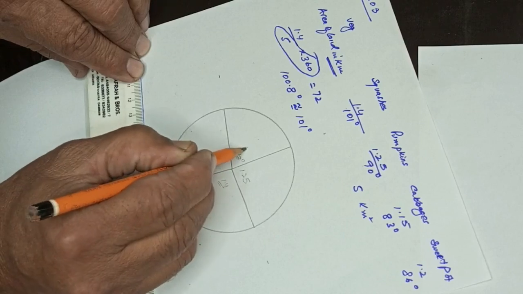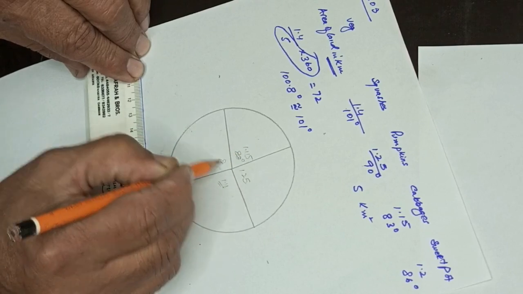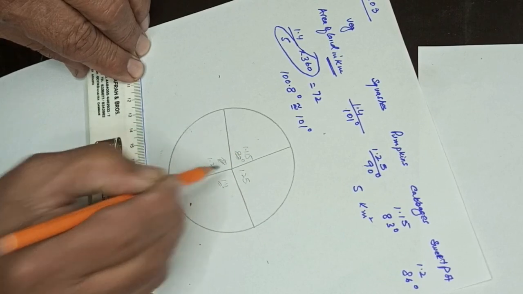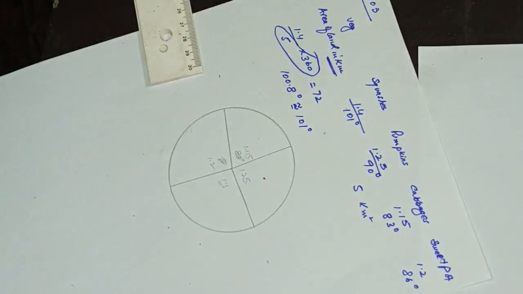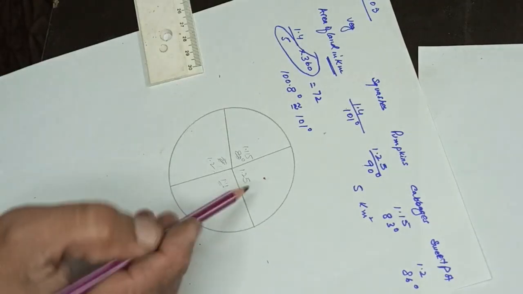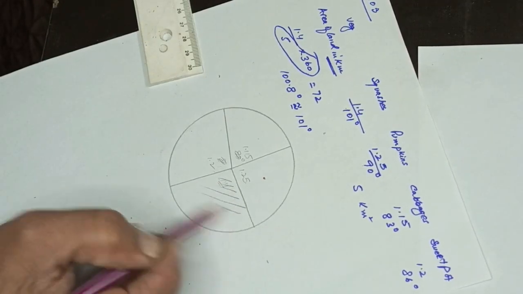In fact, I have to write 1.15 and then I'll write 1.2. Okay, now this is the required chart, and you will color it with different colors and then provide the key for the same.